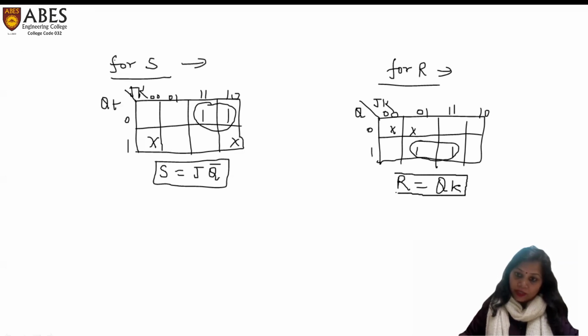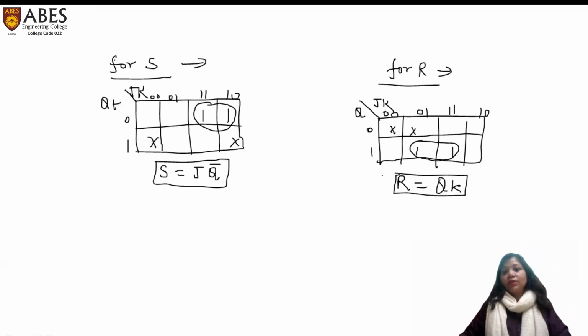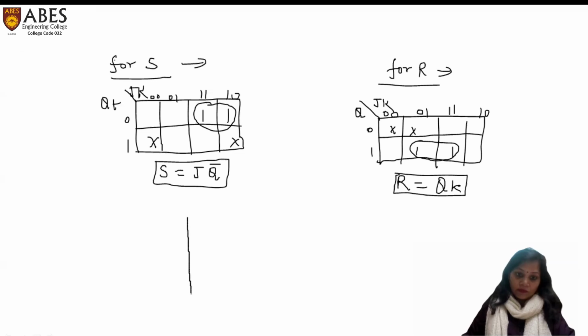Now the next step is to draw the circuit diagram for this JK. To draw this diagram, we have two equations, S and R. We have two inputs S and R. The value of S is J Q bar. Here this is Q and this is Q bar.